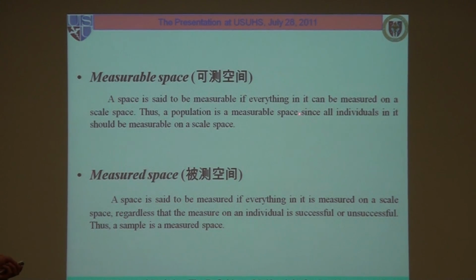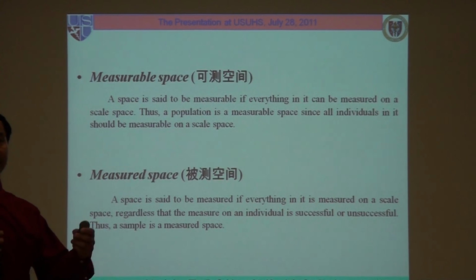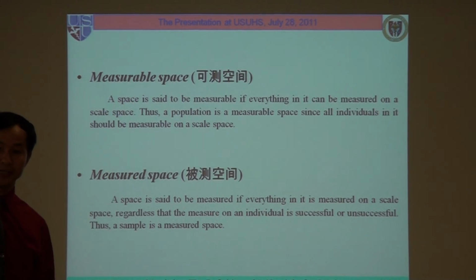A population is a measurable space, since all individuals in it should be measurable on the scale space defined before the research beginning. So the measured space is the sample, because the sample is the space.